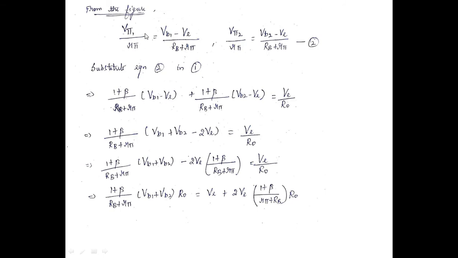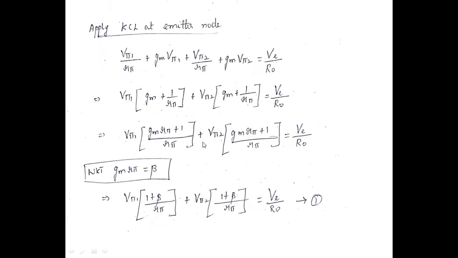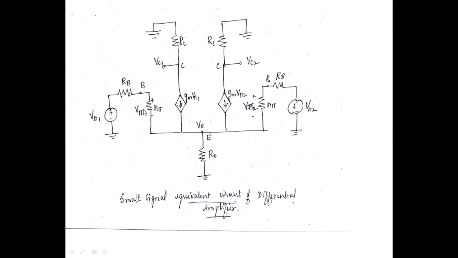Next, from the figure, we can find what is my Vπ1 by Rπ. What is the current that is flowing through this resistor, Vπ1 by Rπ? We have two voltages at this node, so the current flowing through this resistor can be written as (VB1 minus VE) divided by RB plus Rπ.